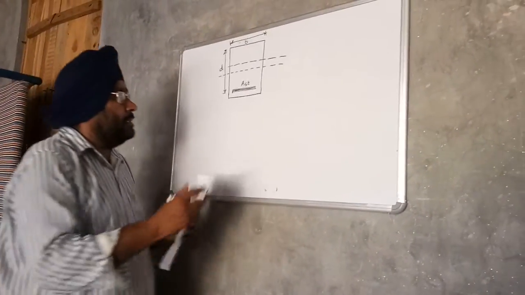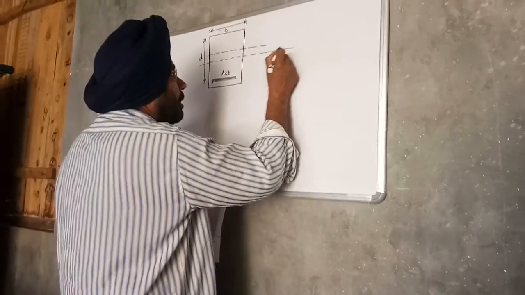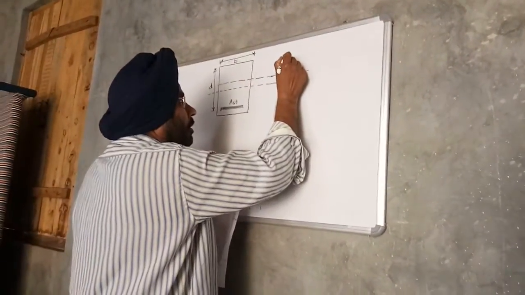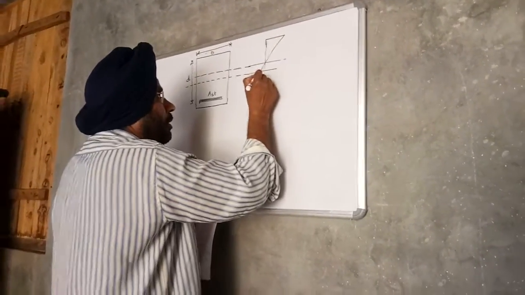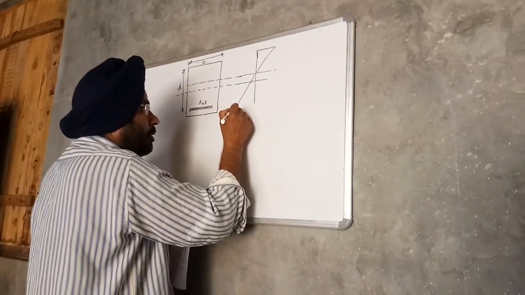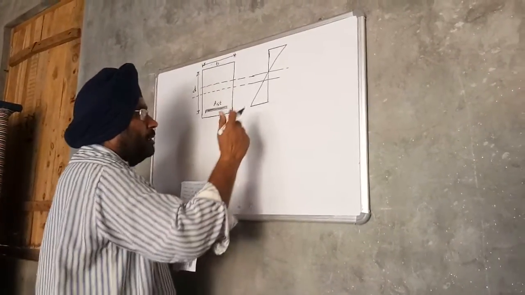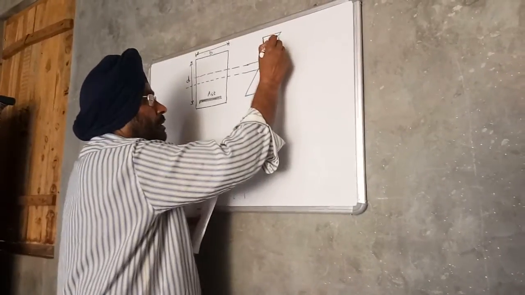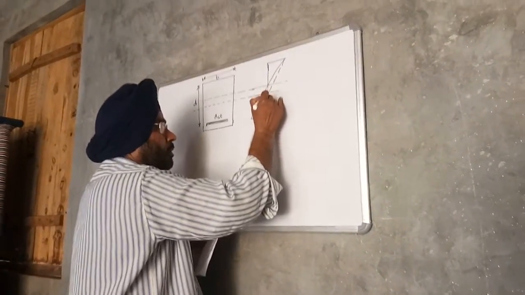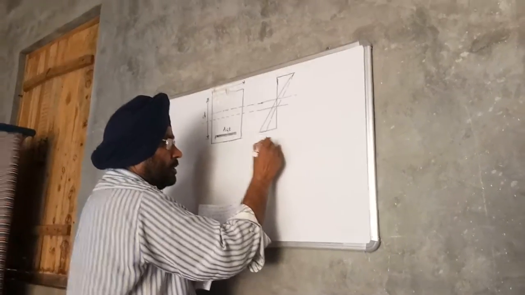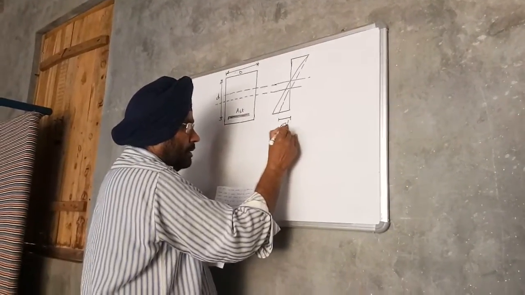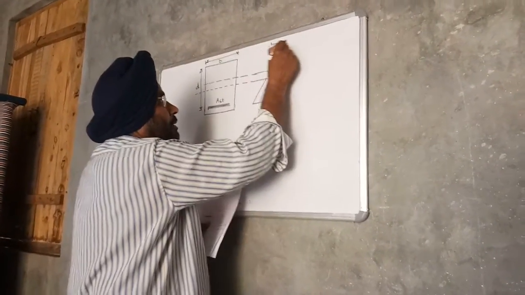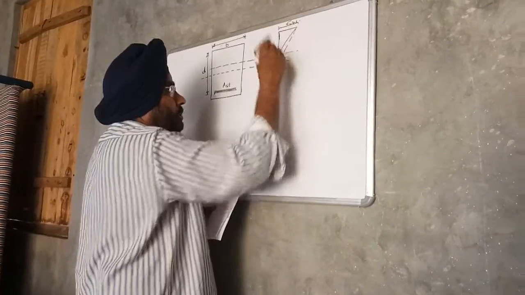So in this section, sigma ST dash, and this is sigma CBC.